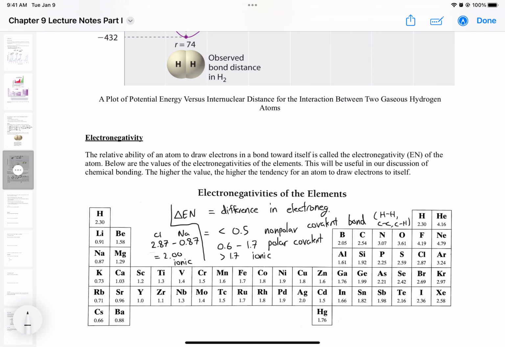So it makes it more effective at attracting electrons to itself. And that's why these values tend to decrease as you go down the periodic table, because the charge from the nucleus is going to be blocked from electrons that are in higher energy levels. So it's like a defense force, right? It's harder for electrons to get near the nucleus if there are already electrons blocking access to the nucleus. So that's an analogy I like to compare it to.